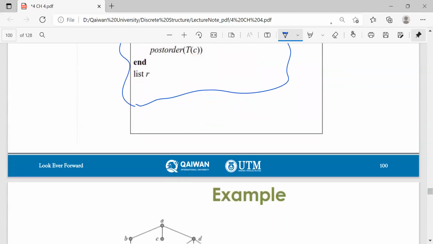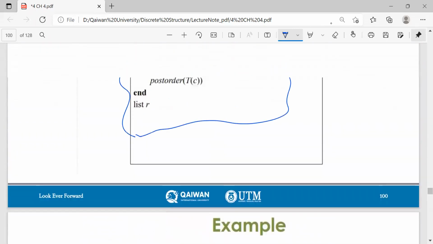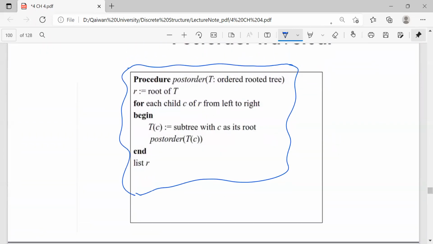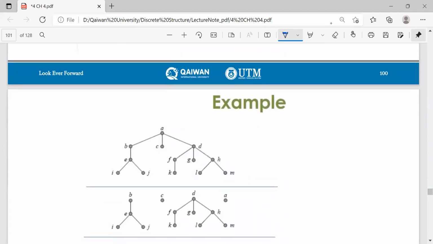I'm going to talk about the example. It's much easier to understand how to work on the rooted tree to find the post-order traversal. Here we have the same tree as the above example. We have been given this rooted tree, and we are asked to find the post-order traversal.